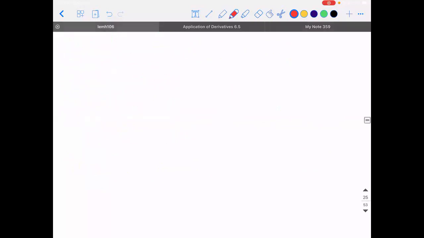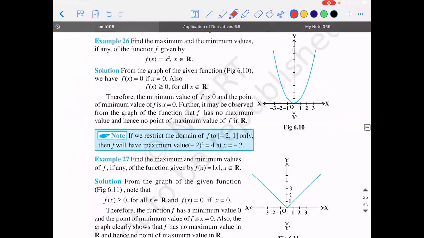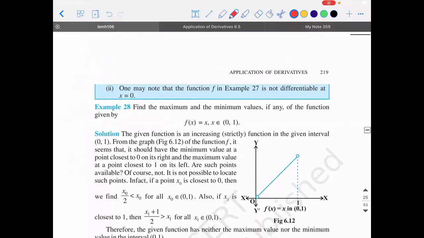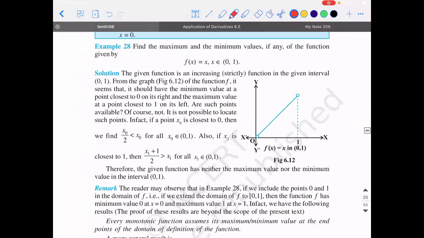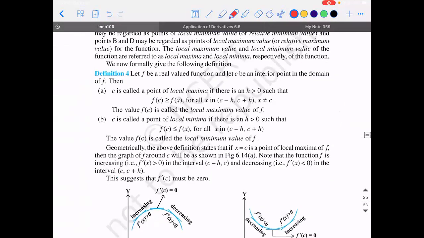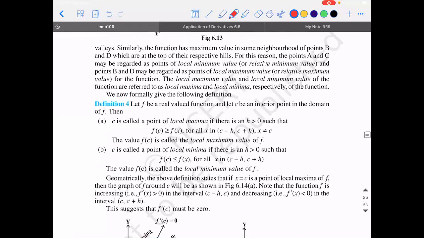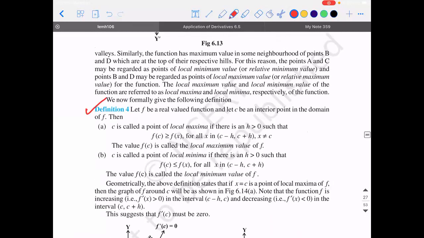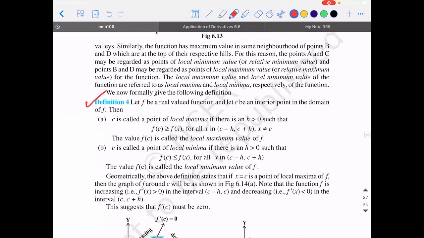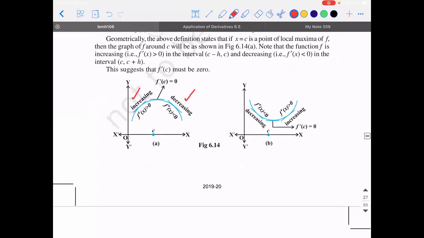So let's go to the textbook and see. So this is the first thing that I explained. Increasing, decreasing, decreasing, increasing.